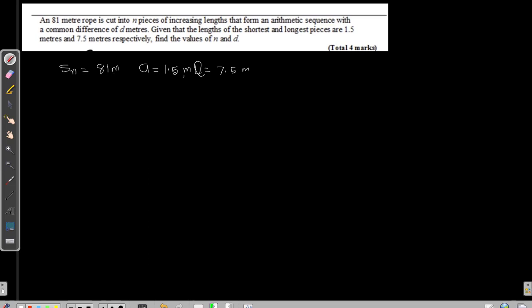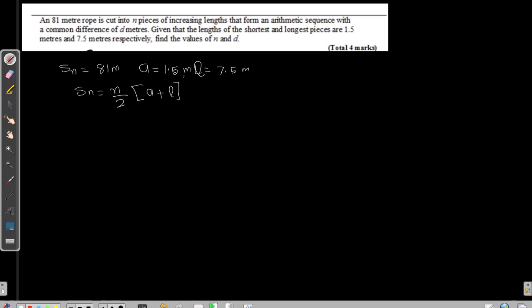Okay. So what I have to do is find the value of n and d. To find the value of n, I'm going to use this formula. S_n equal to n over 2 times the sum of the first term and the last term, the average.